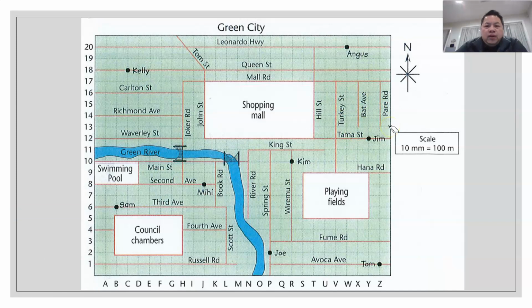Given a map like this, in fact, if you have gone to theme parks, you will be given maps to locate an attraction within the theme park. You usually have to look at the map to find out where the location is.